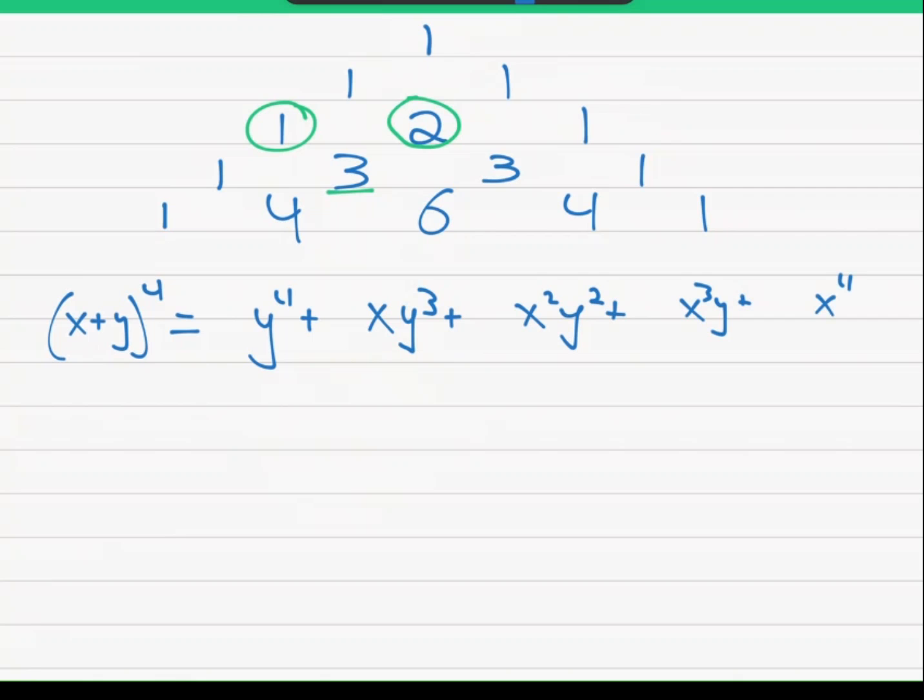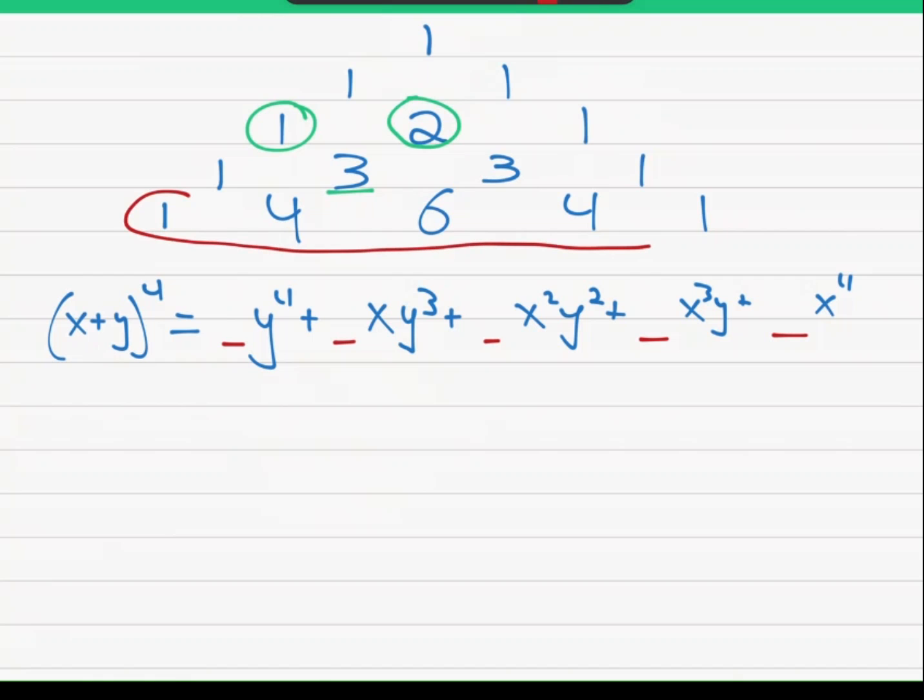I know that these patterns all have to exist. The question is, what are the coefficients? What numbers are going to land in these slots? And the answer is the numbers in the fourth row of Pascal's triangle.